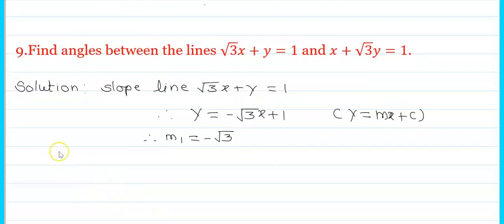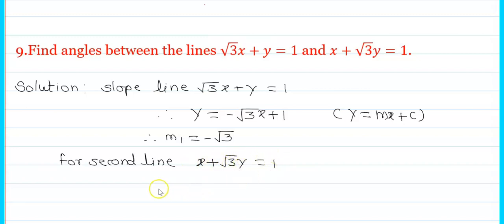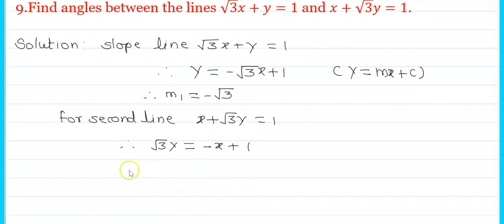For the second line, x plus root 3y is equal to 1. Again, in the form y is equal to mx plus c, it can be written as root 3y is equal to minus x plus 1. Divide on both sides by root 3.